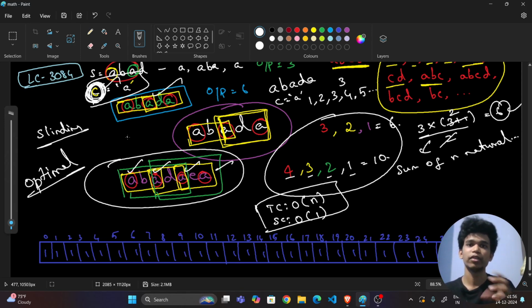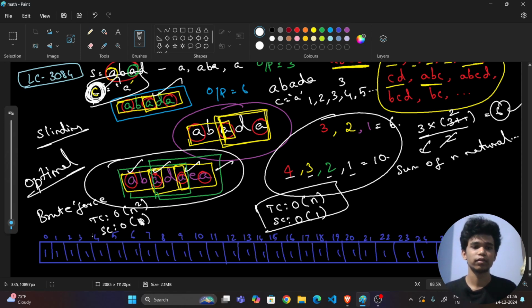If so, we count it in the answer. The brute force approach has time complexity O of n square for generating all possible substrings, and space complexity O of 1. So this is the optimal one.